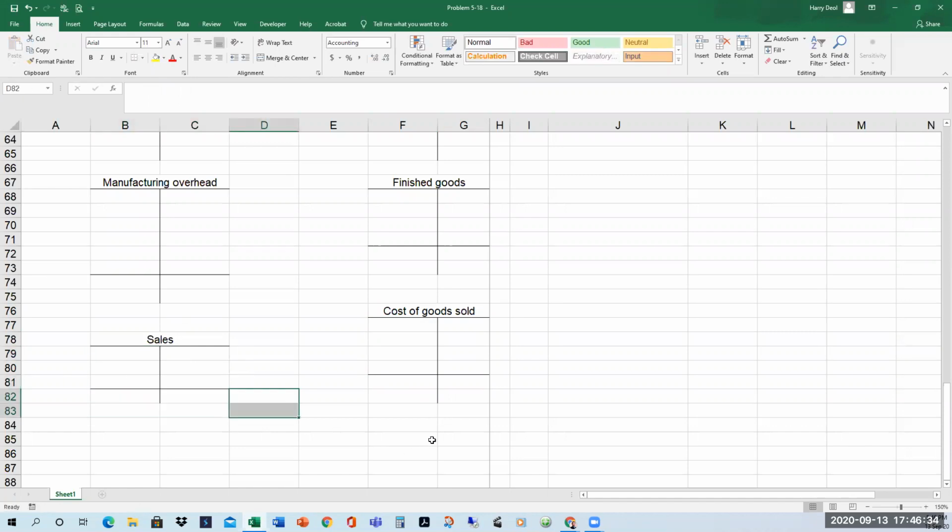And finally, we can also make a T account for operating expenses.